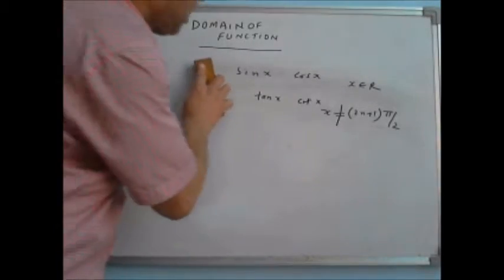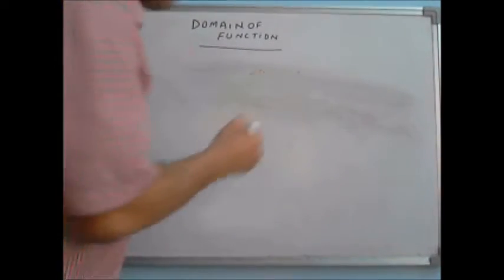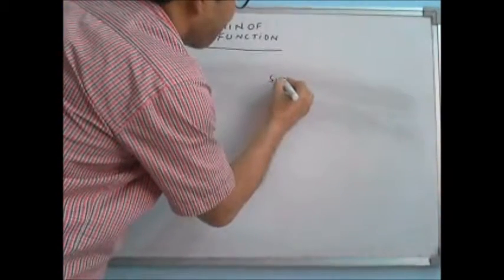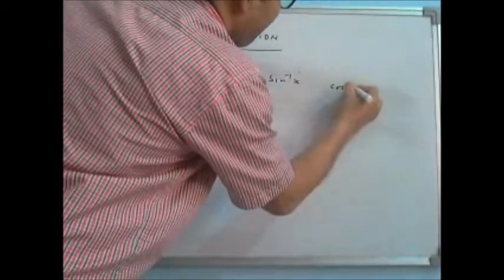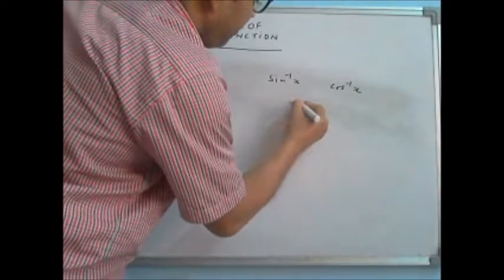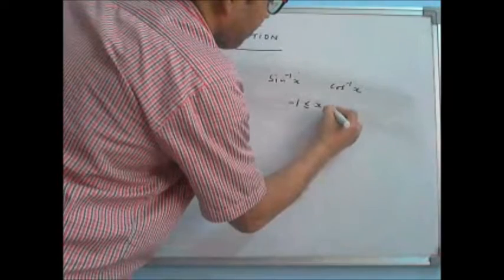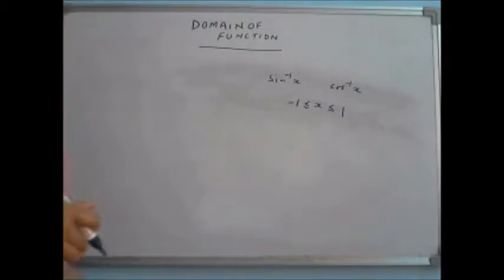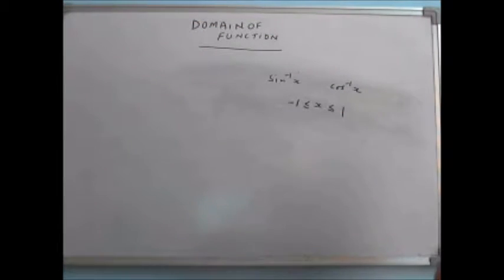For inverse functions, sin inverse x and cos inverse x, x should be between minus 1 and 1. So the domain of this function is x between minus 1 and 1.